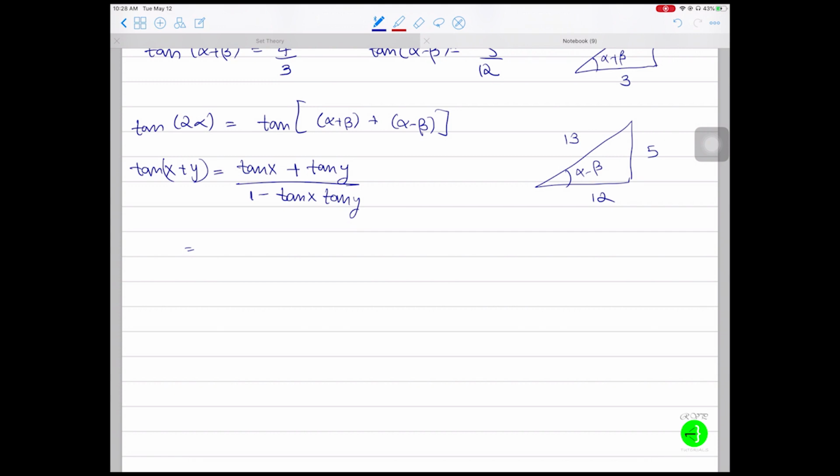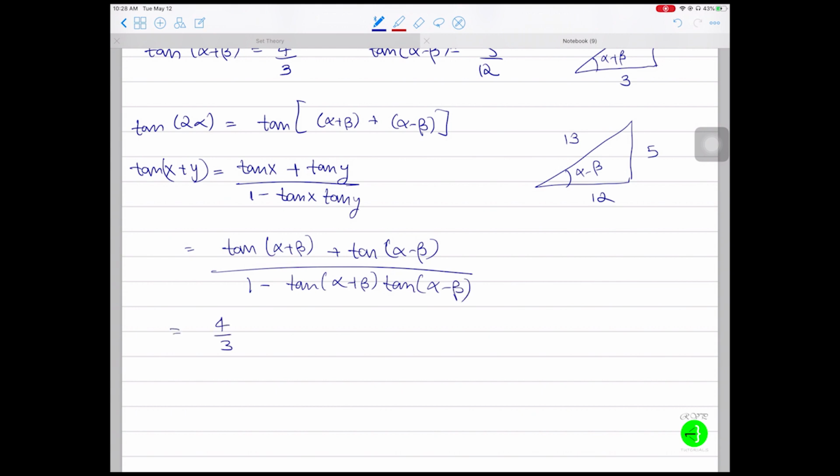Using this identity, tan of 2 alpha would be tan of alpha plus beta plus tan of alpha minus beta over 1 minus tan of alpha plus beta times tan of alpha minus beta.